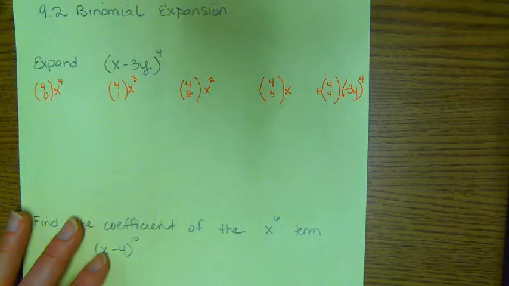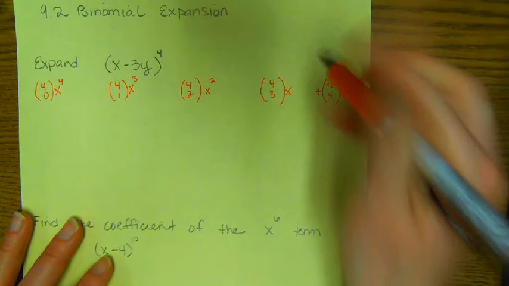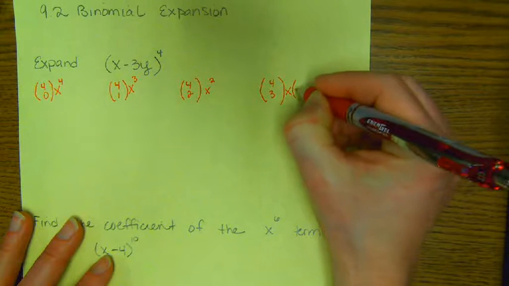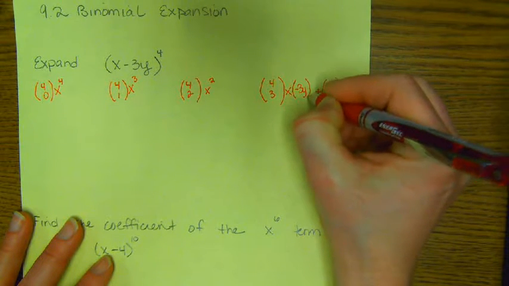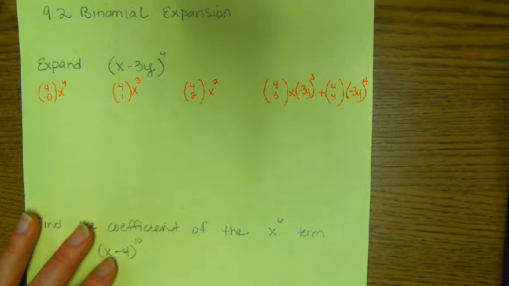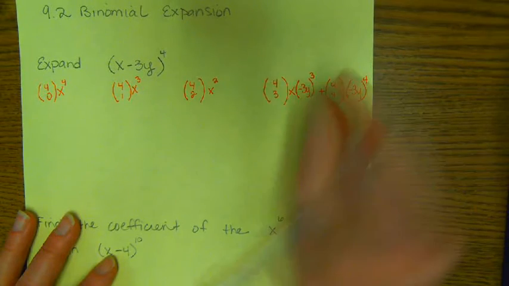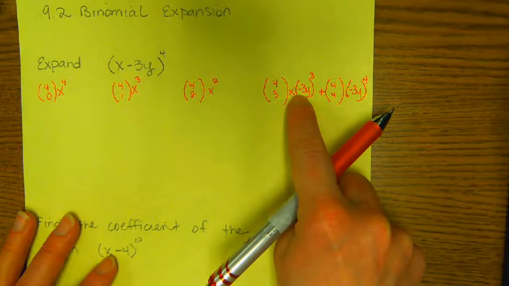Okay. Let's go back to this term. What should I put here? Negative 3y, put it in a parentheses, to the 3rd. The parentheses is important for when you're raising that negative number to a power. Okay. So this is not a subtraction sign, this is a negative. That's why I put it in a parentheses.